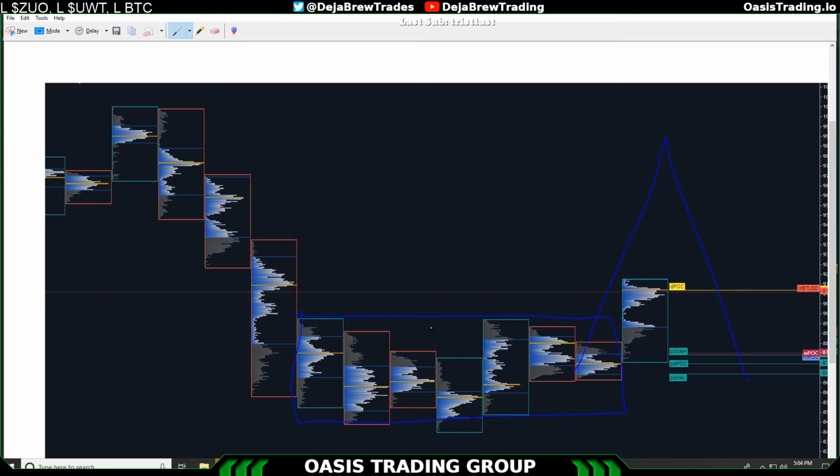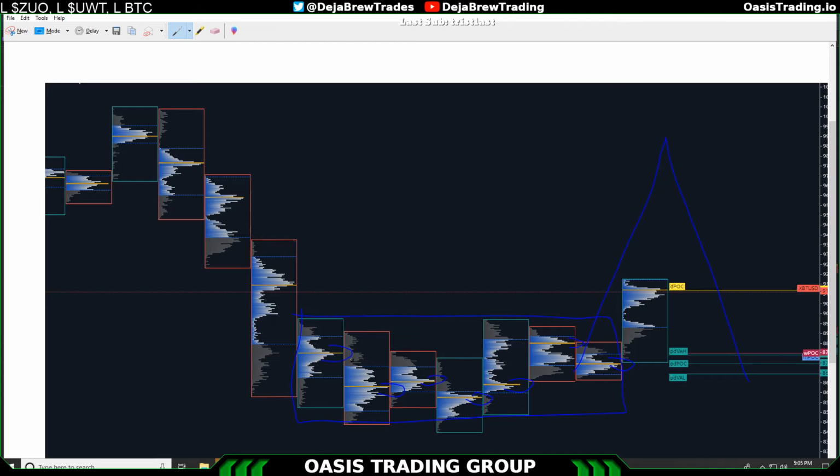And where most of the support is going to be is during these POCs. You see all these POCs? Now you can calculate this on your own. If you want to find the exact area of support, you could take all of these POCs, put them into a calculator, and simply find the average. You could find the average POC of all of these candles.